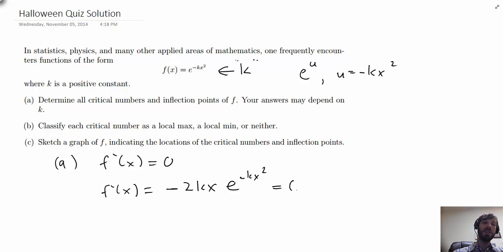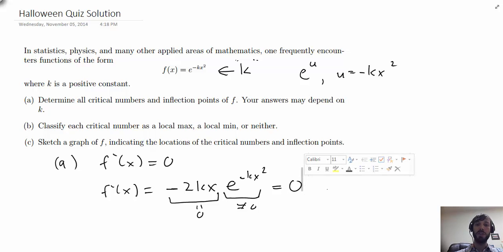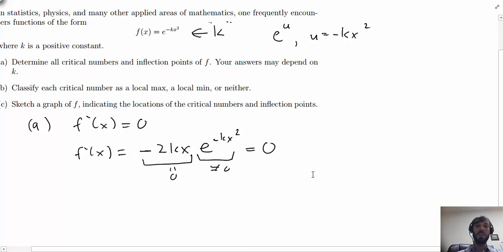To figure out the values of x for which this is 0, well, this guy right here is never 0, so all I need to do is set this guy equal to 0, and clearly there's only one solution for that, which is when x equals 0. So there's our only critical number.